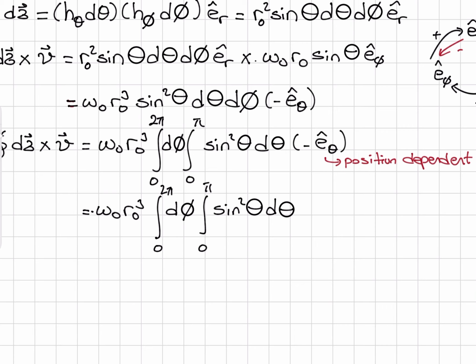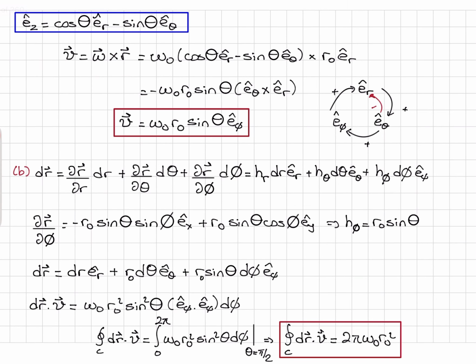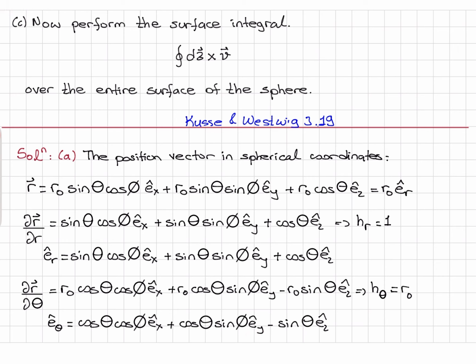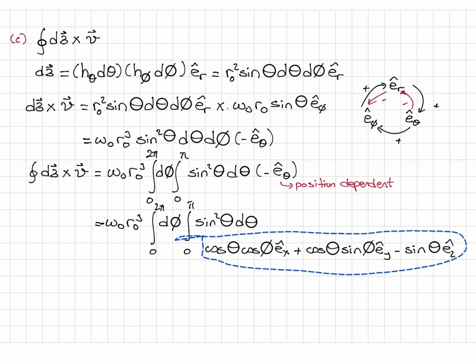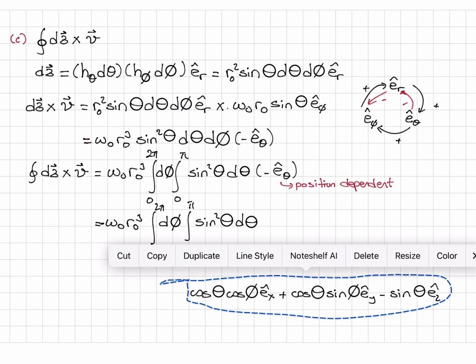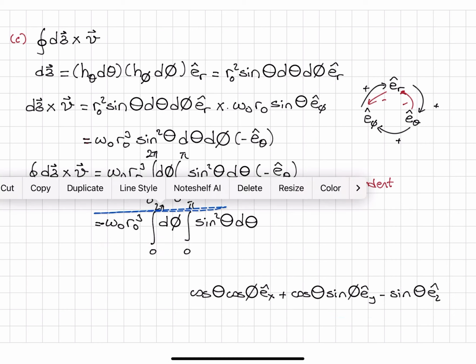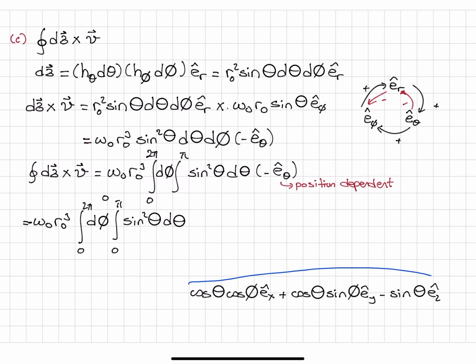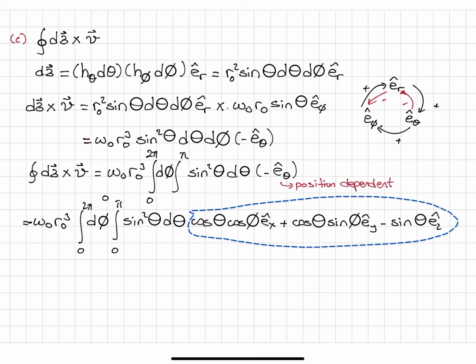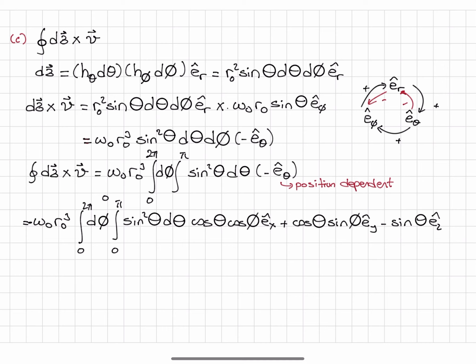So let's put the minus sign here, and for e theta hat I have to look at what I have found. E theta hat is here, so let's copy that. This is our integral, and here is e theta hat.